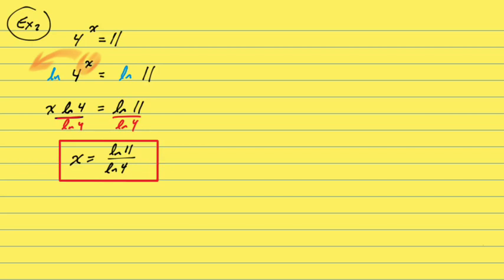Let me make up another example for this. 2 raised to the 3x equals 12. Notice I left a space. I want to get that variable out of the exponent, so I might have to log both sides. That would allow me to pull the exponent out front. 3x times ln of 2 is equal to ln of 12.